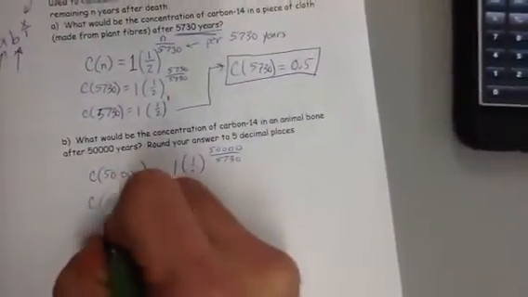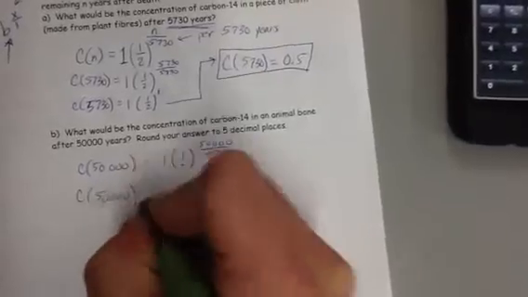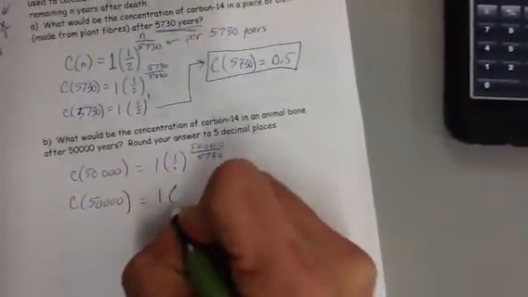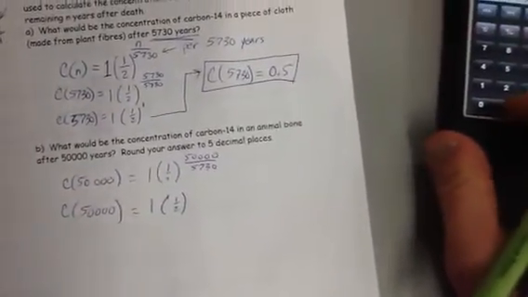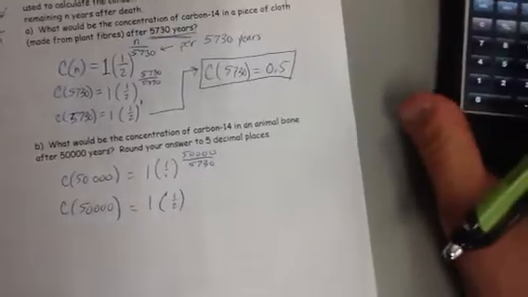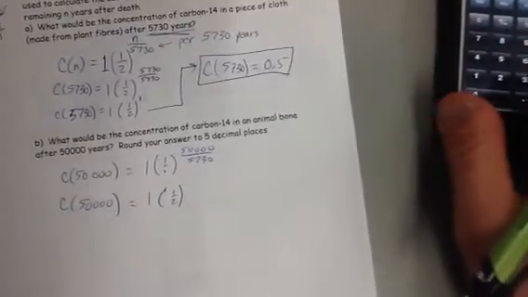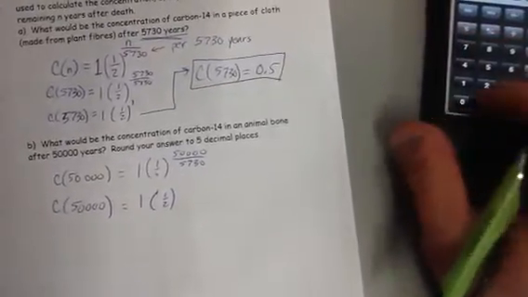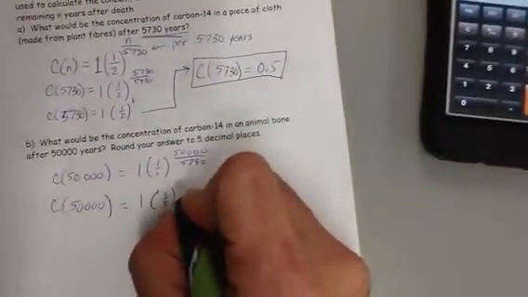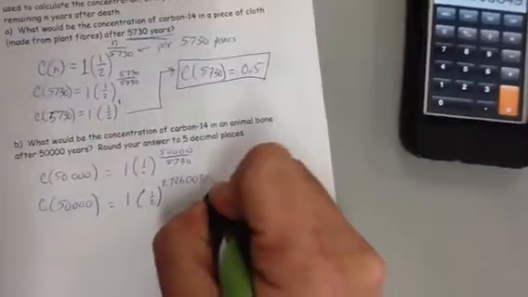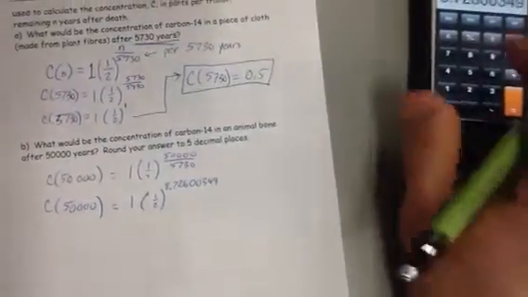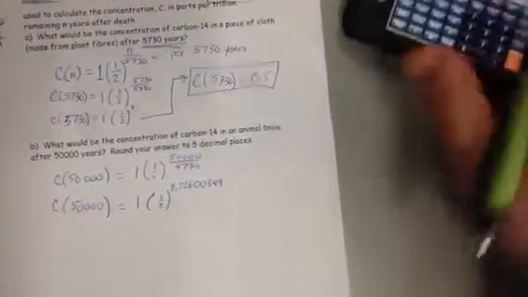So continuing this, it's not going to be a nice answer, but it's going to be 1 times a half, and then I'm going to do on my calculator 50,000 divided by 5,730, and I'm going to get roughly 8.726000349.